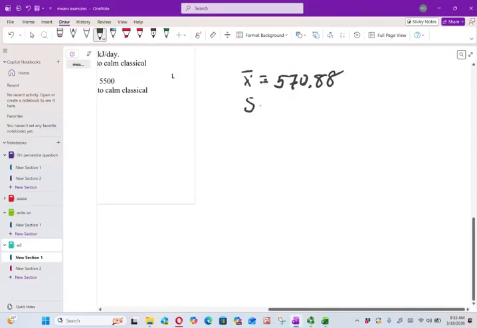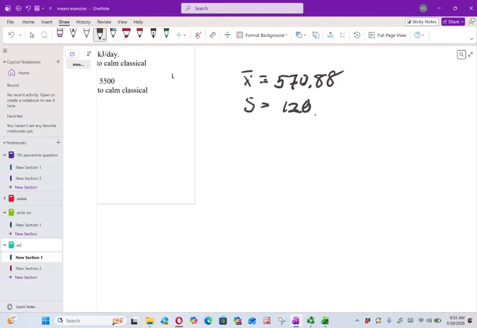The standard deviation is 120.37. The standard error of the mean, 120.37 divided by the square root of 8 is 42.56.